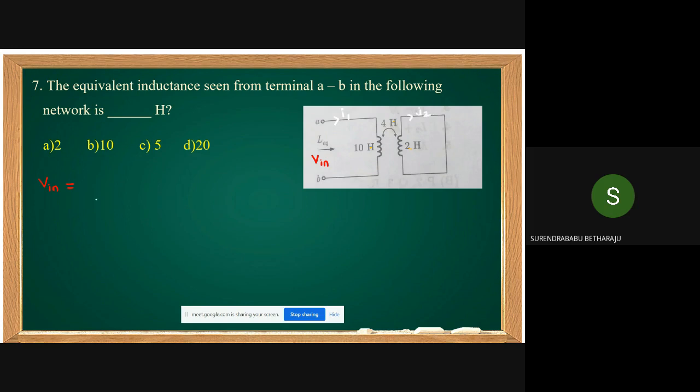That's why there is a current. Shall I write like this? Vin equals L1 di1/dt plus or minus M di2/dt. I don't know the polarity, that's why plus or minus.